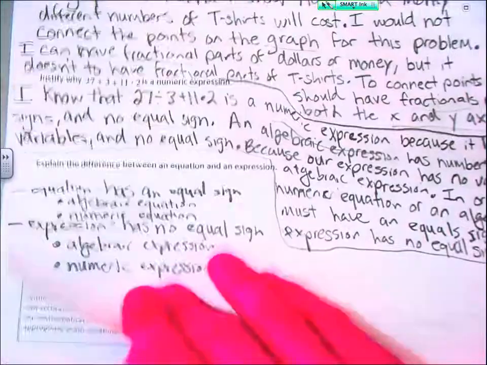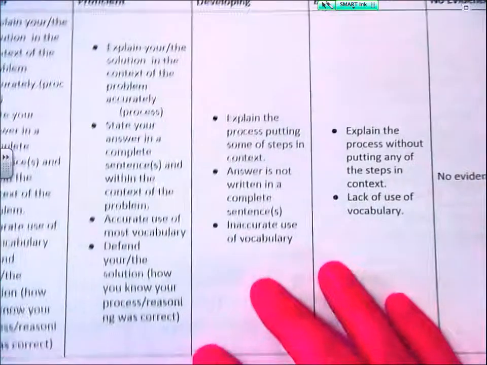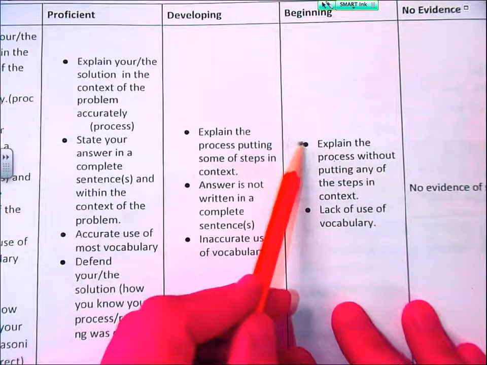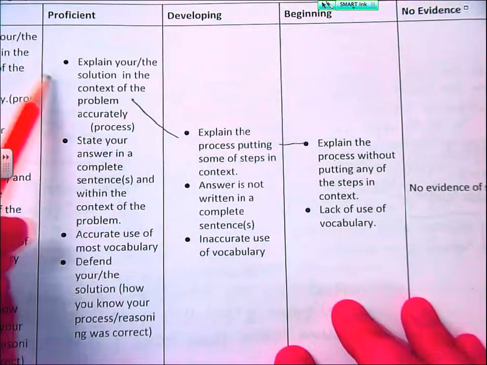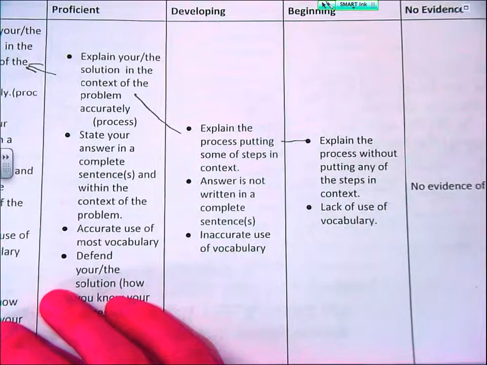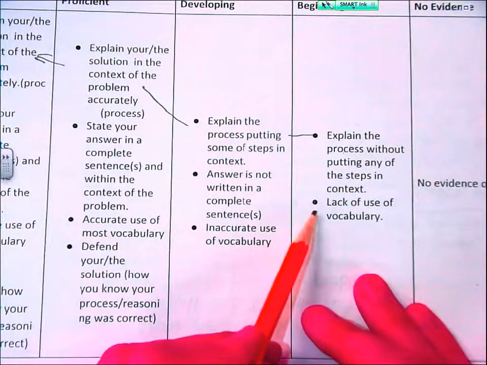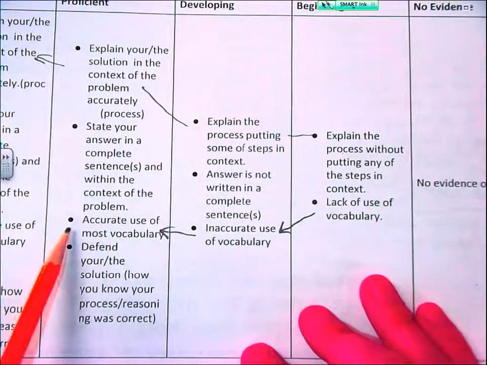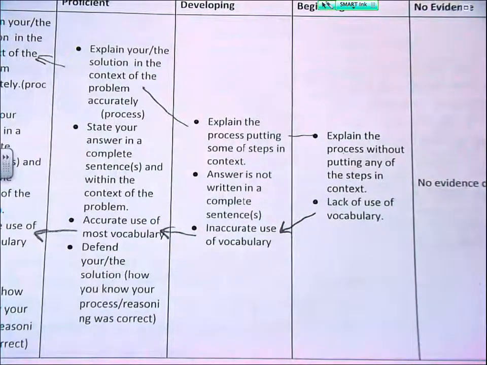So, when I am scoring something like this, I am looking for how well you explained what you did, putting all the steps in, adding those details. I am looking for you to use vocabulary and use the vocabulary correctly.